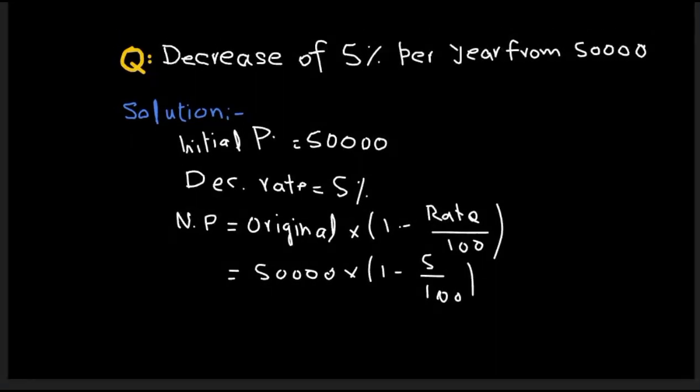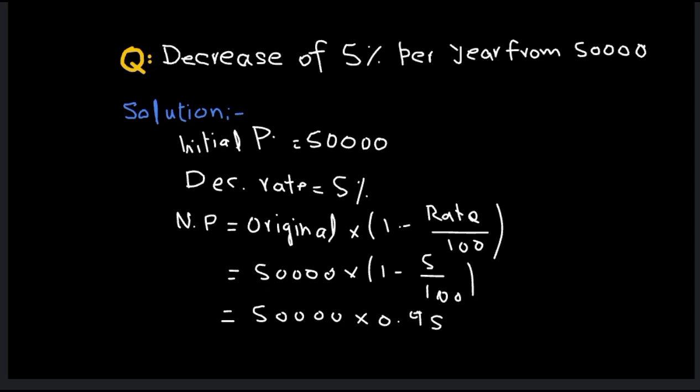So now we divide 5 by 100, and if we subtract it from 1, we will get 0.95.